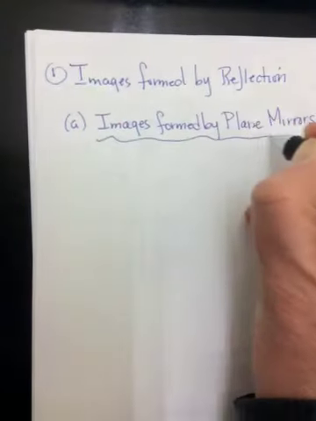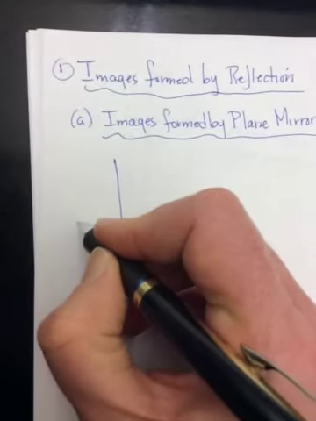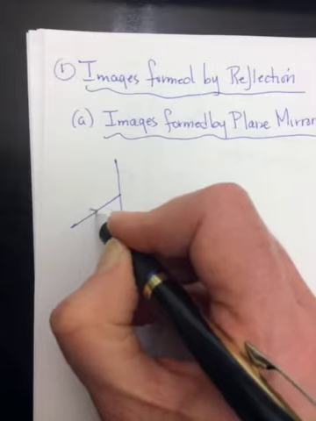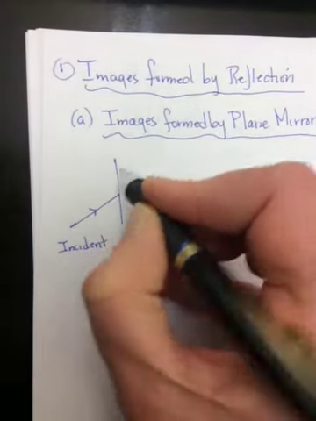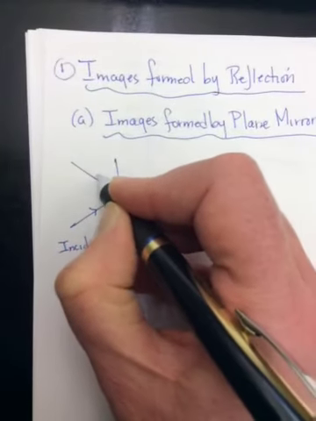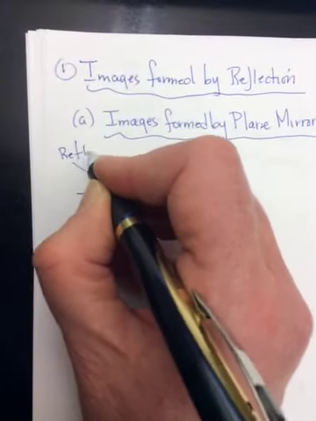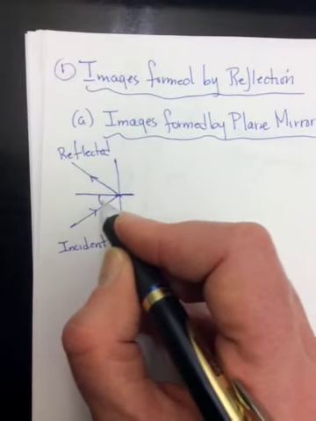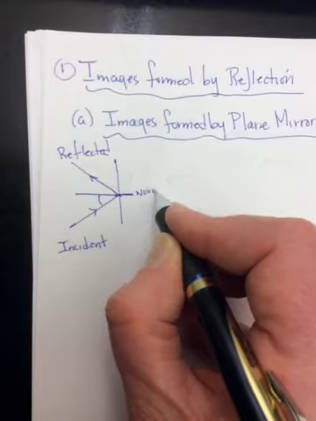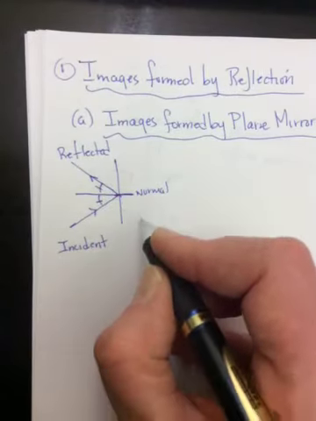Just as a little reminder about reflection, like I said earlier, a ray of light coming in is called the incident ray. It hits a surface and reflects off in such a way that the angle the incident ray makes with a line you draw perpendicular to the surface, called the normal, this angle of incidence, will always be equal to this angle of reflection.